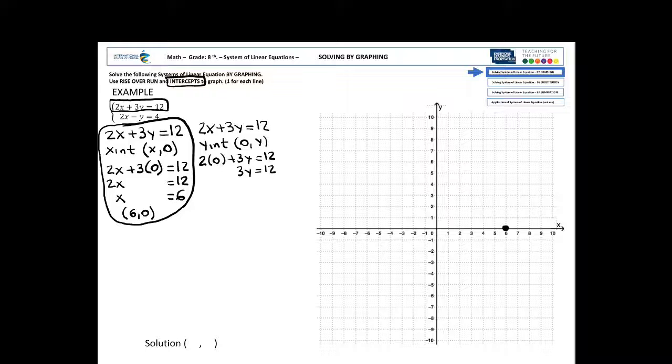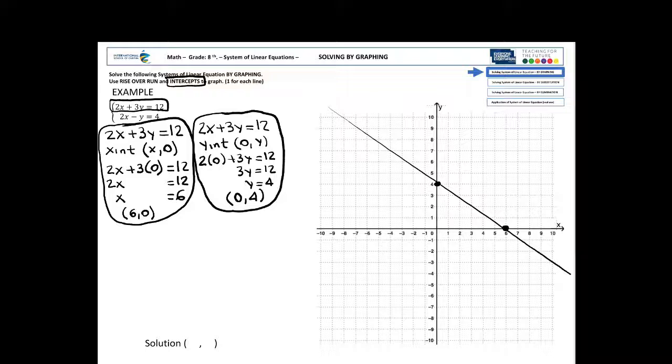Dividing these two sides by 3, y is going to be 4. So the point here is 0 and 4. This point over here, 0 and 4. Now we need to get a ruler, and very carefully we need to connect these 2 points.